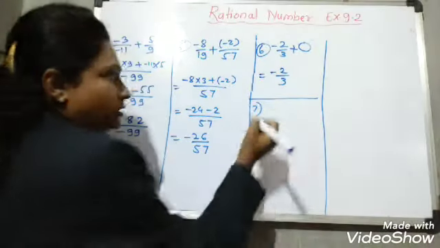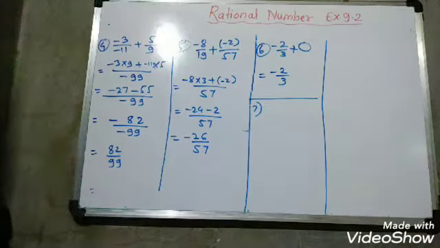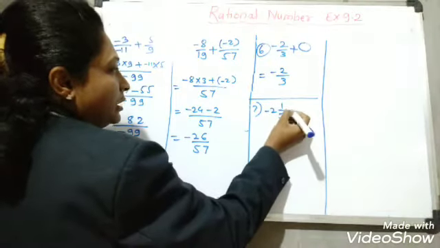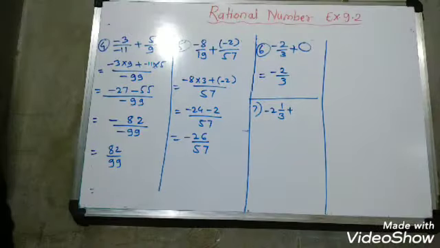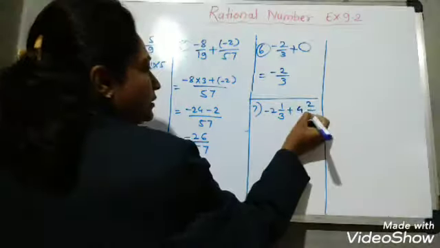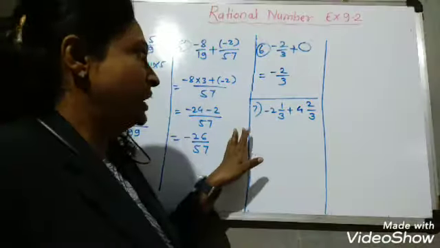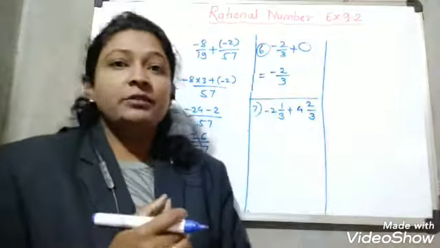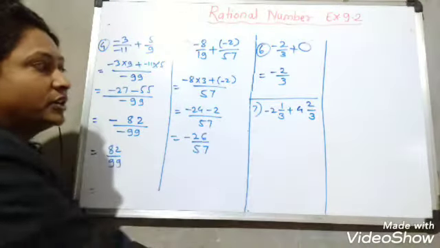Now see, the seventh example is given in mixed fractions: minus 2 1 upon 3 plus 4 whole 3 upon 5. Now see, already in the fraction lesson I told you how to convert a mixed fraction into an improper fraction. So directly now I am converting here.